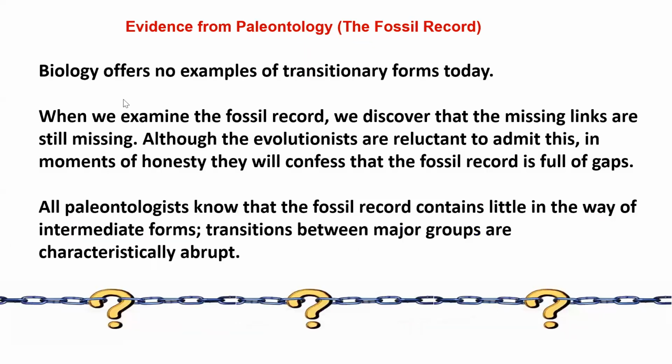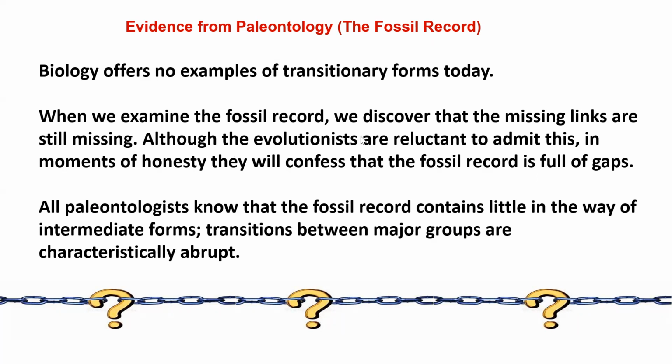So in terms of paleontology and the fossil records, biology offers no examples of transitionary forms today. No living thing, whether plant or animal, has an evolutionary form today that we can observe. When we examine the fossil record, we discover that the missing links are still missing.